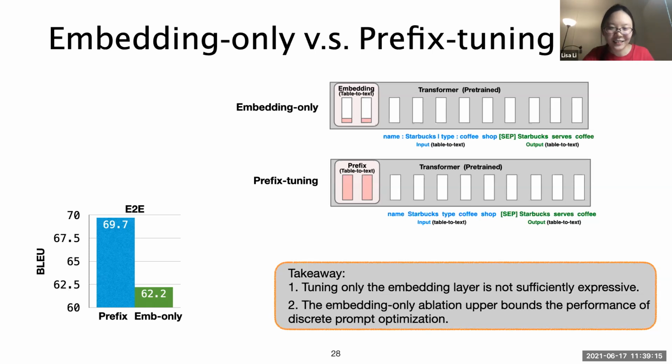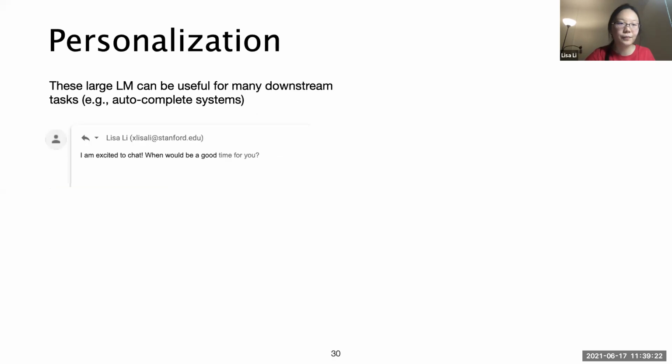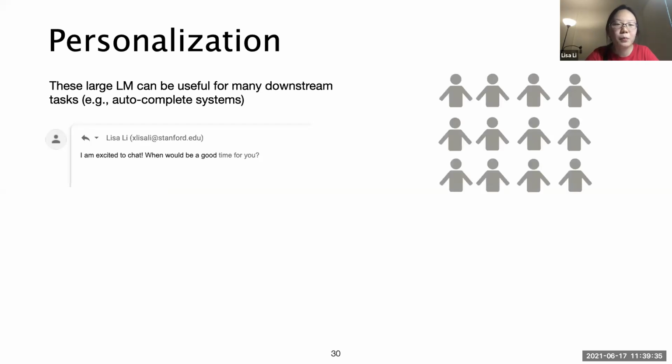Yeah, great, thank you. And finally, we will move on to discussions. One of the interesting settings where prefix tuning can be very useful is personalization. We have many large pre-trained language models, which can be useful for many downstream tasks.